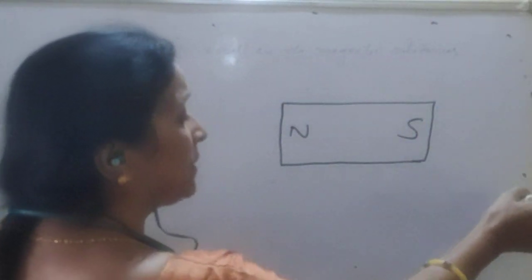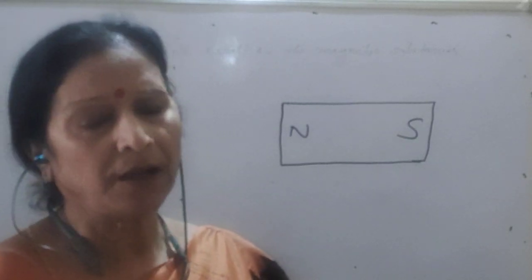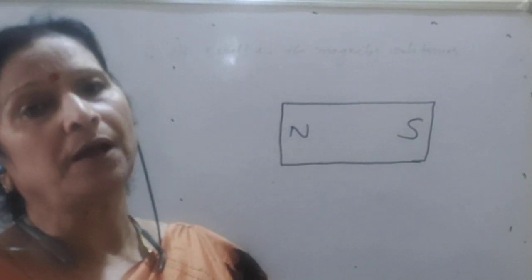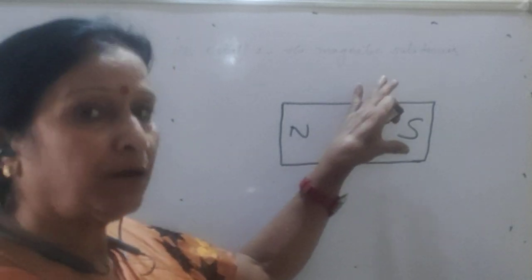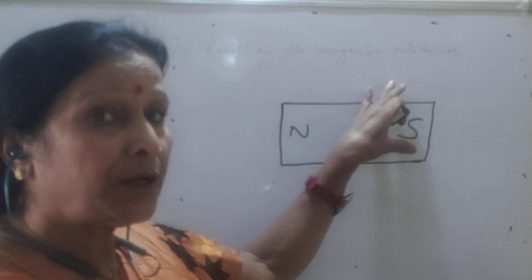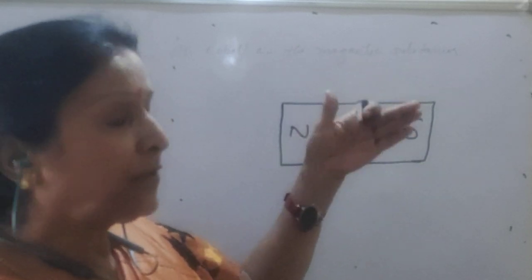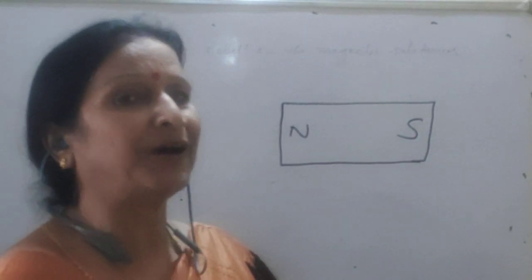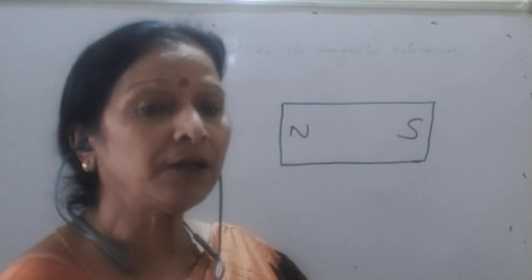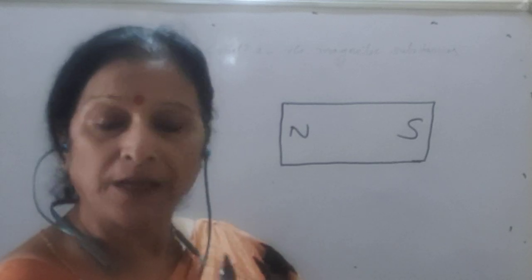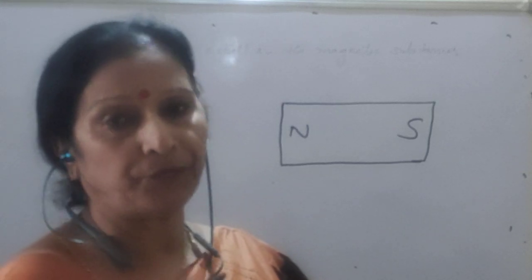The space around the magnet till where its effect can be felt is called magnetic field. If it is a powerful magnet, its influence would be for a longer distance. But if the magnet is not so powerful, then its influence won't be till a long distance, a large area. So that is magnetic field.